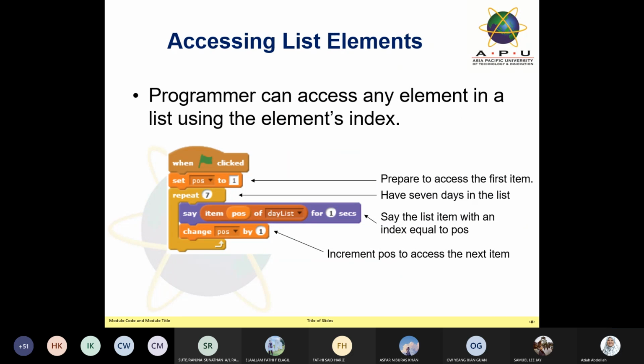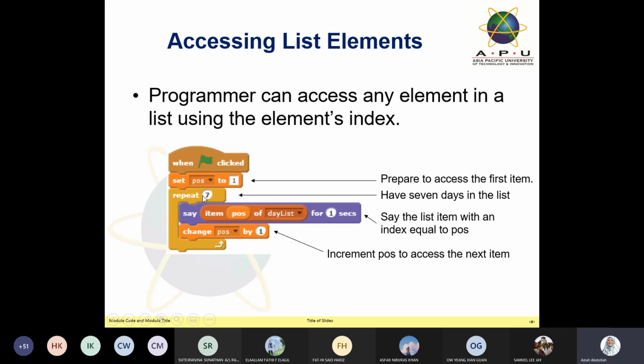Okay. Accessing the element. When we use the list, we always want to access the elements in our list. For example, in this program, you set a variable pos, for the position, to 1.